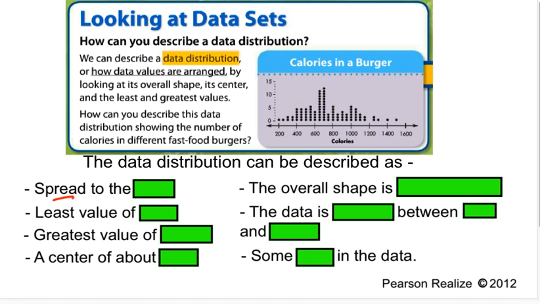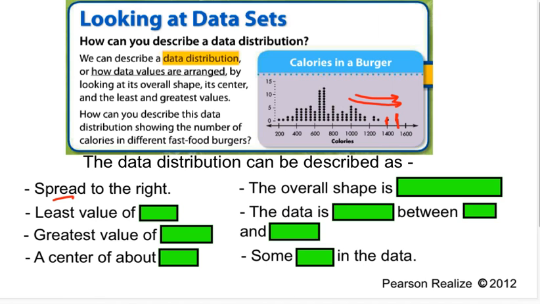And in this case, this data is spread to the right. In other words, when you look at it, you can see that it's kind of pushed this way. You've got these few little dots out here that kind of draw it to the right.